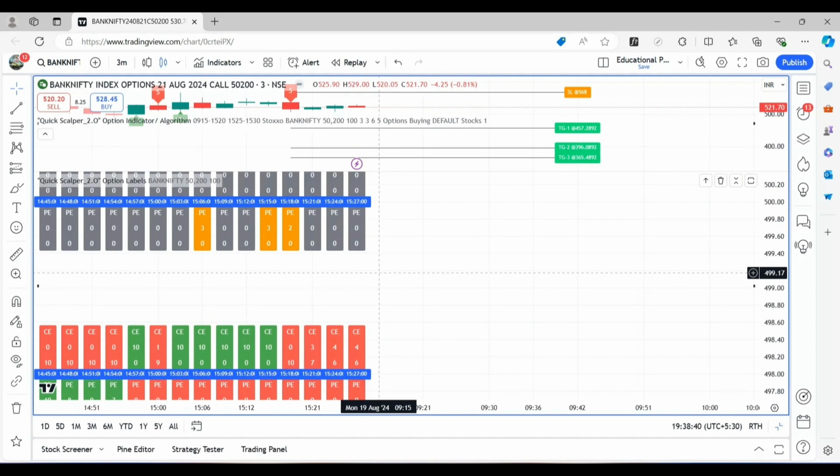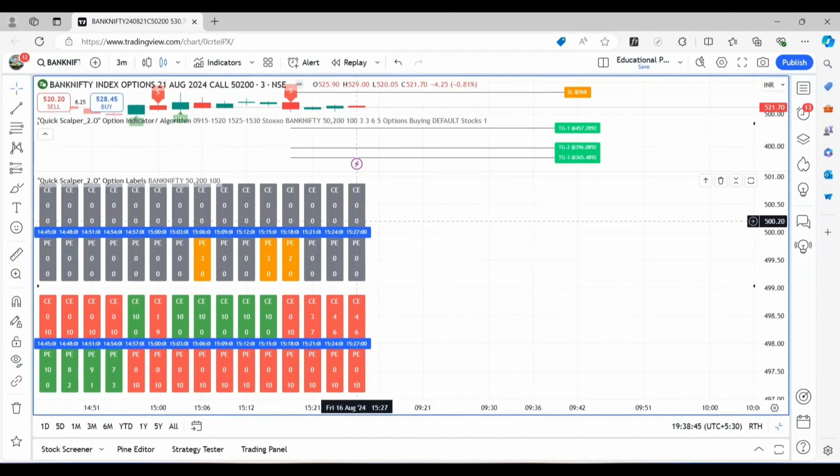As a basic, I will be explaining about the tables first of all. In this label indicator, you will have two labels, the upper one and the lower one. These are two different conditions, so that is why we have given two labels. Above you will have the call option, and below you will have the put option.